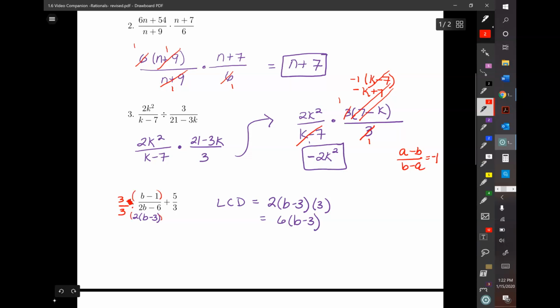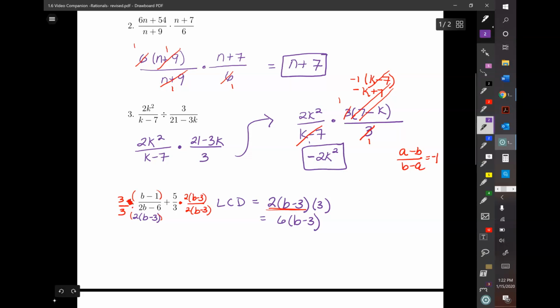Because whenever I adjust a denominator to get the lowest common denominator, I need to adjust the numerator as well. Now on this second fraction, I need to multiply by the missing factor, which would be 2 times b minus 3 over itself. 2b minus 3. Or 2 times quantity b minus 3.